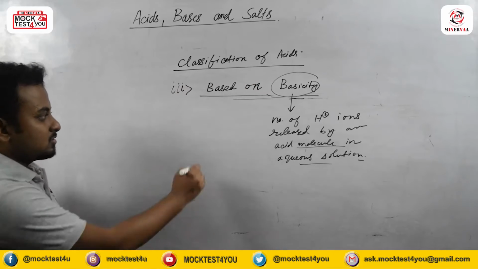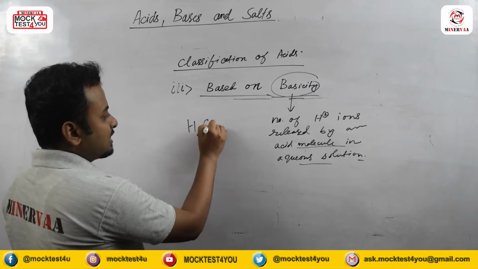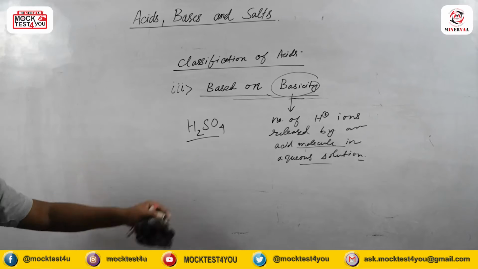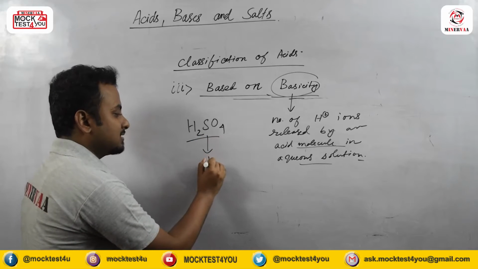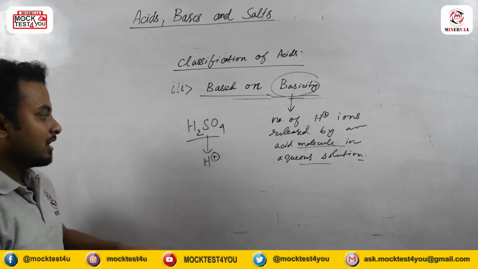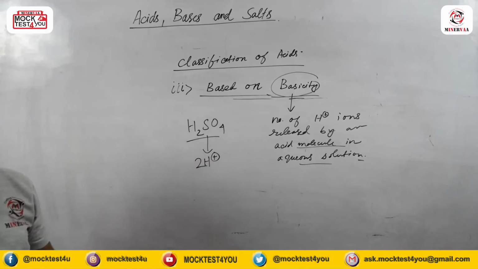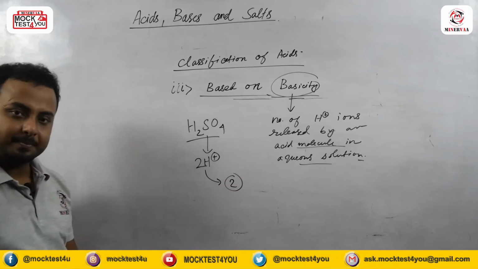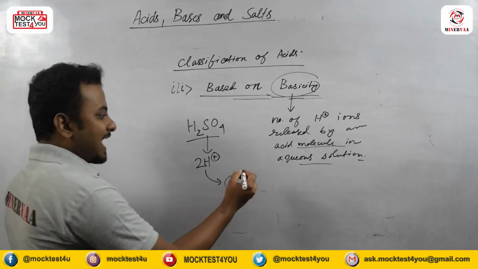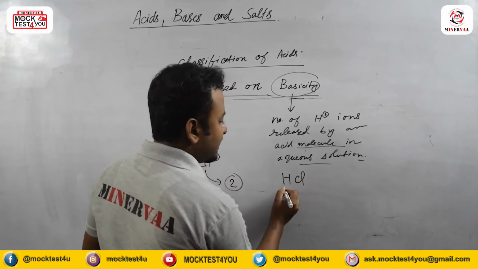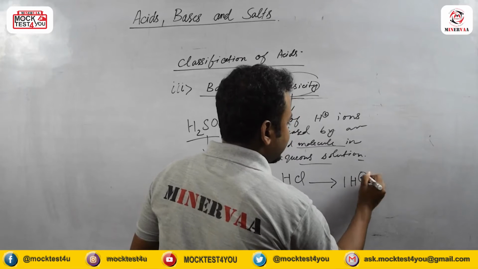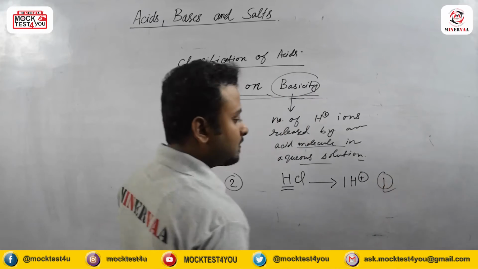So if you take the formula of H2SO4, how many H plus will it give? It will give 2 H plus ions in aqueous solution, so the basicity will be 2. For example, HCl has only 1 H plus ion, so it will give 1 H plus and the basicity will be 1.